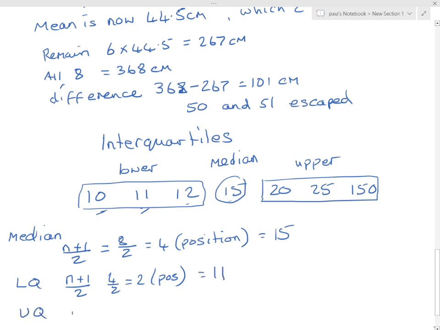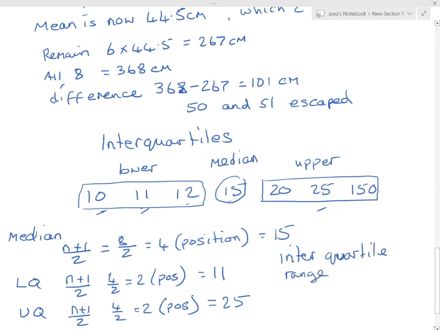The upper quartile, again, n plus 1 over 2. There are the same few numbers, so this is 4 over 2 again, which equals 2, which is the position. And the second one in is 25. Now there is something called the interquartile range, which is from the lower quartile to the upper quartile, and it's like the range for the whole set of data, the smallest and the largest, but this is the range between the two different quartiles.